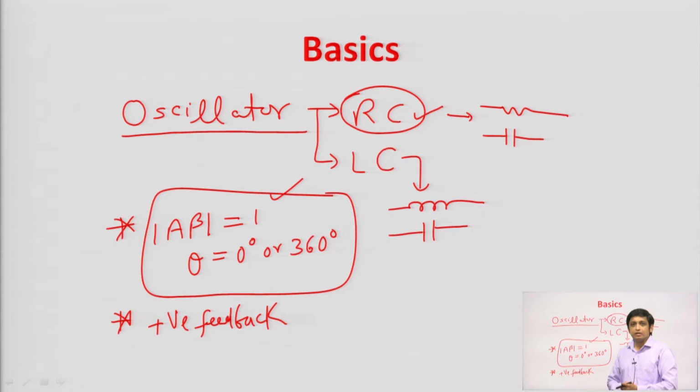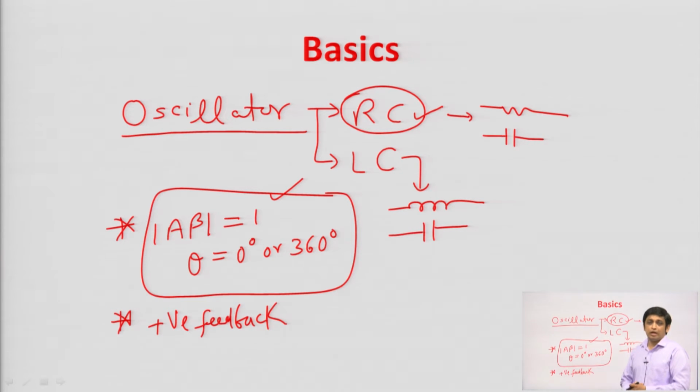Positive feedback means the output signal is added to the input signal through the feedback network, and as we know two signals will be added when the two signals are in phase. In phase means the phase difference between these two signals should be 0 degree, that is equivalent to 360 degree, only then the two signals will be added. That is why the total phase shift around the loop should be 0 degree or 360 degree.